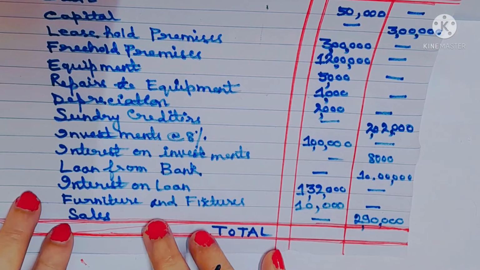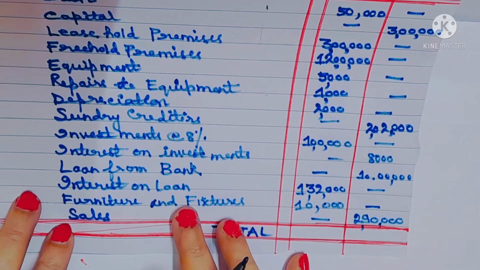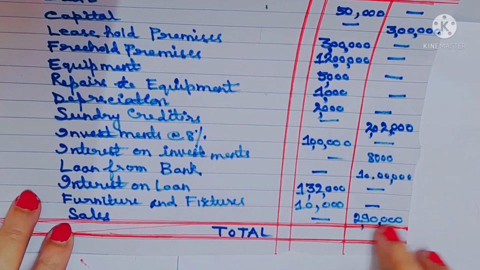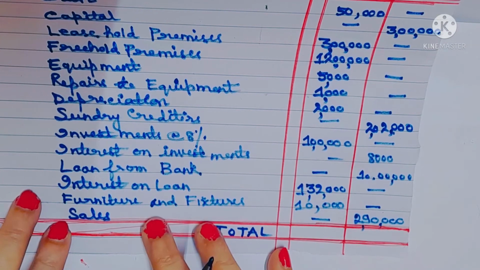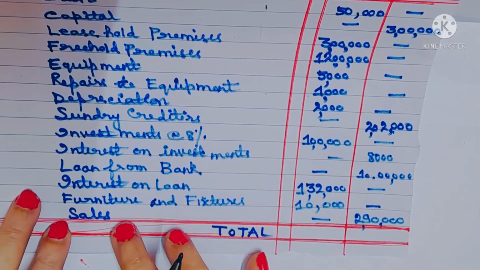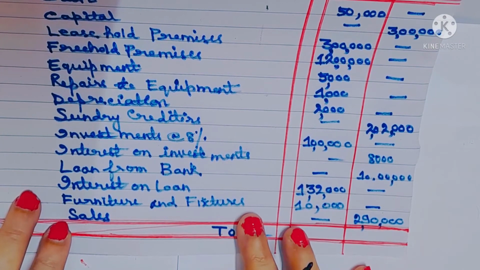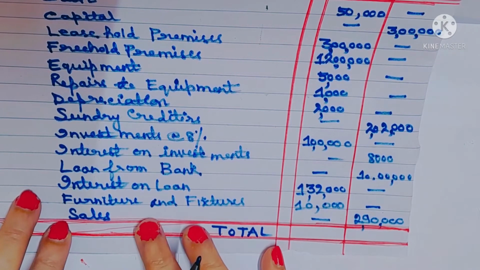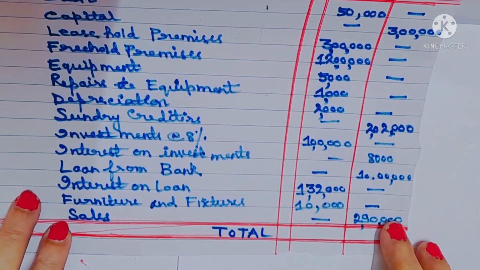Because sales account falls under real account as well as nominal account. According to real account, what goes out is credit. When goods are sold, goods go out from the business, so sales account will be credited. According to nominal account, all incomes and gains are credit. So when goods are sold, money comes in. Sales is an income for the business. So sales account will be credited.